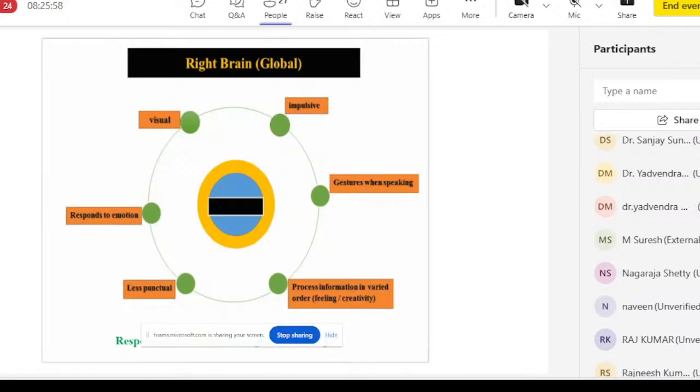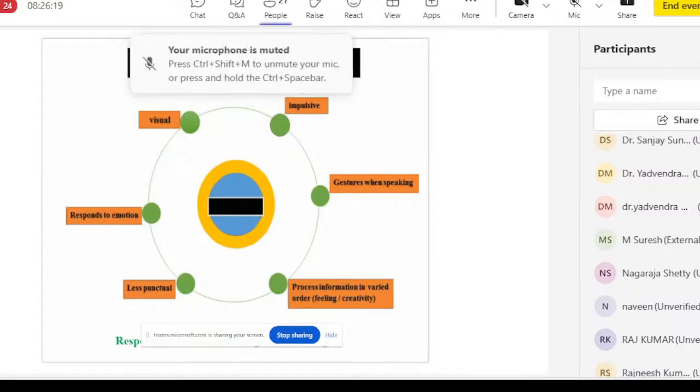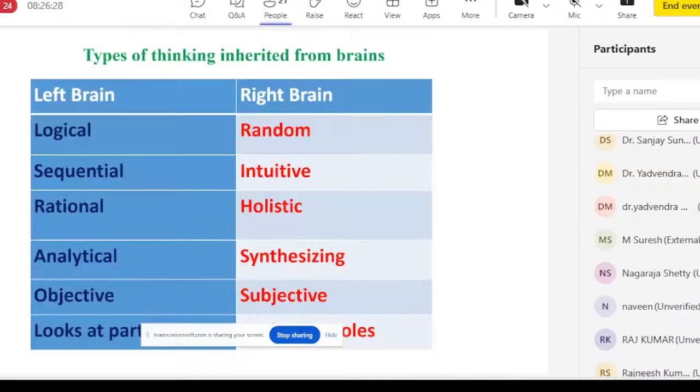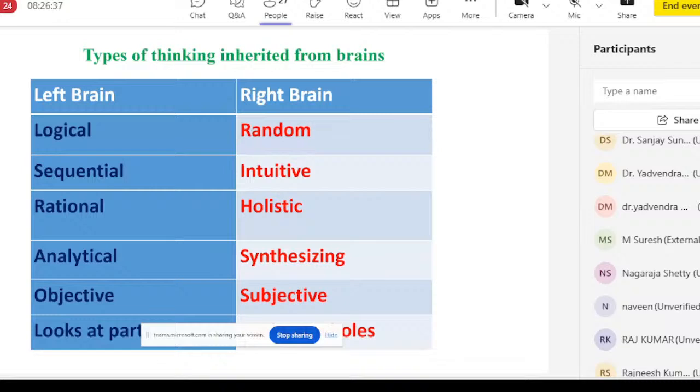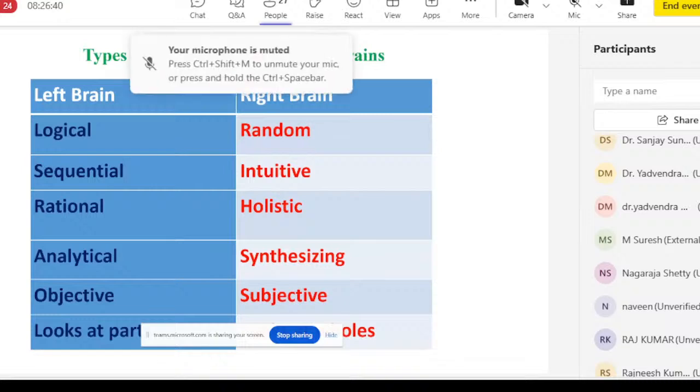Gestures when speaking are also common. The right brain is highly impulsive and makes you react immediately. When I deliver something and you immediately react, that is your right brain at work. Now, the thinking processes are inherited from the different brains. The logical thinking is the one given by the right brain.